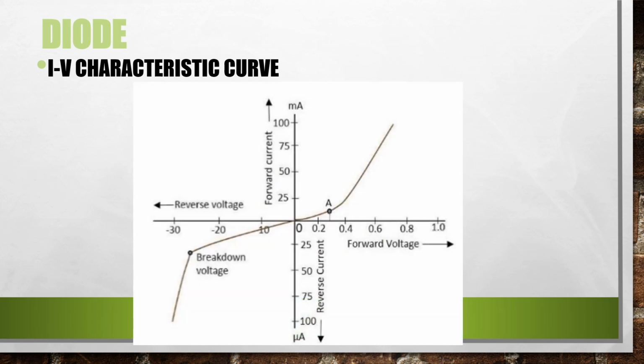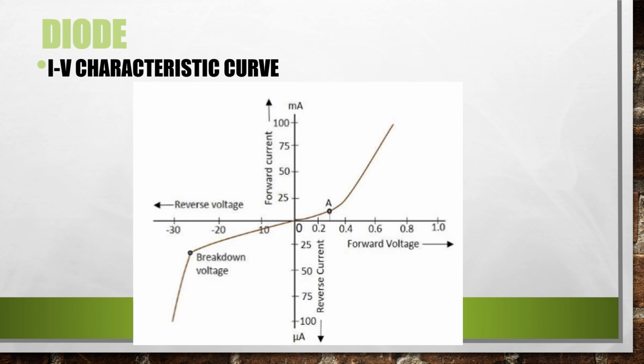Now we will understand current voltage characteristic curve of a diode. Look at this graph. It shows the state of diode conduction in forward and reverse biased conditions. During the operation, when the diode is in forward biased condition, at some voltage, the potential barrier gets eliminated.